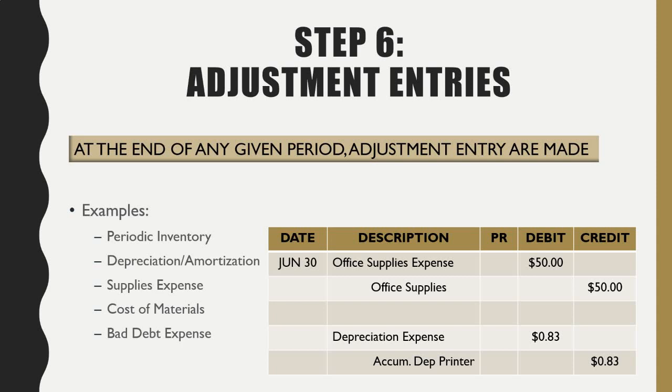So in this case, these are just examples of adjustment entries that we have already seen in class. We have seen periodic inventory, we have seen depreciation, we have seen bad debt expense. Here, the example is office supplies, bad debt expense, and depreciation.